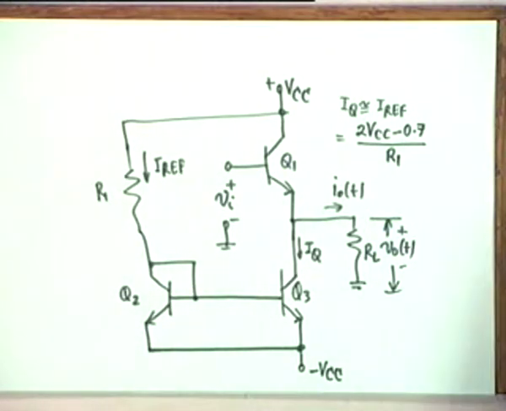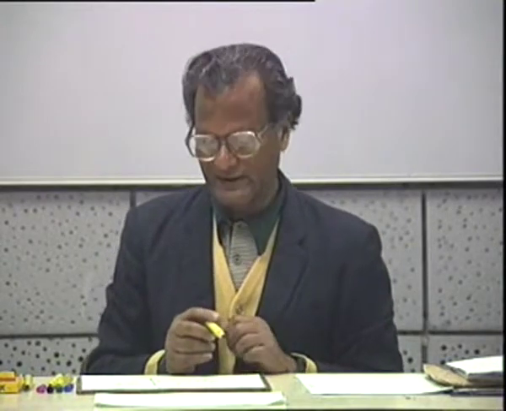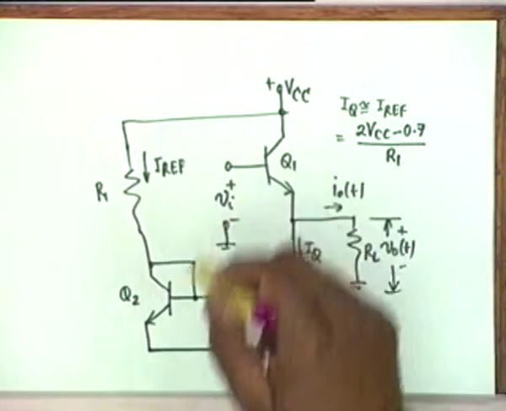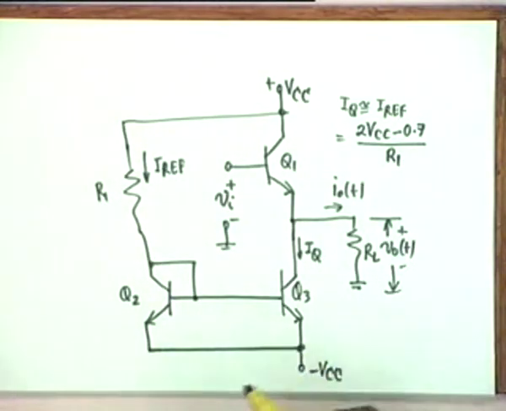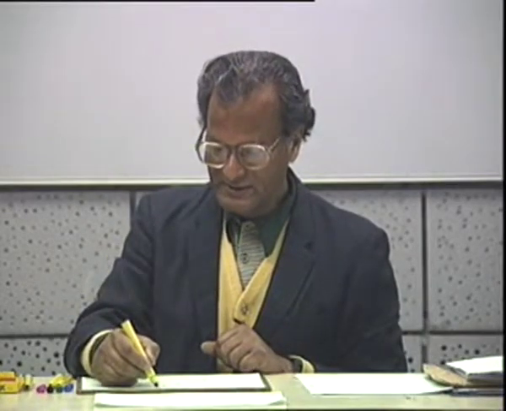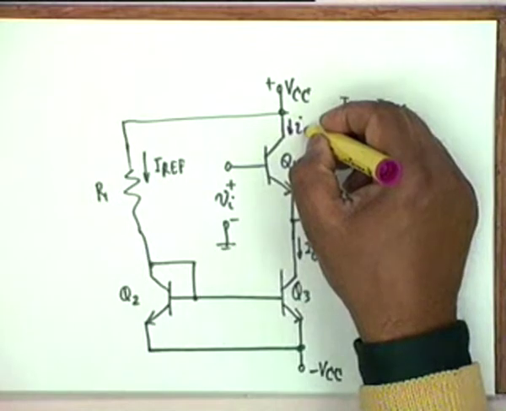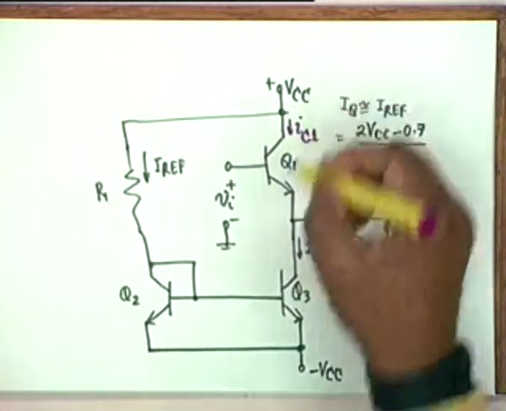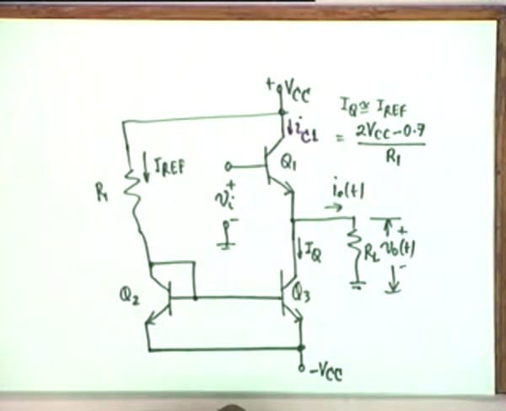Now, in order to determine the transfer characteristic of the class A amplifier, that is, the plot of V0 versus VI, we take the total currents and total voltages. Let us call this current the total current, small i subscript capital C1.